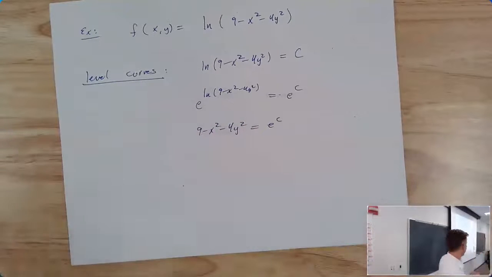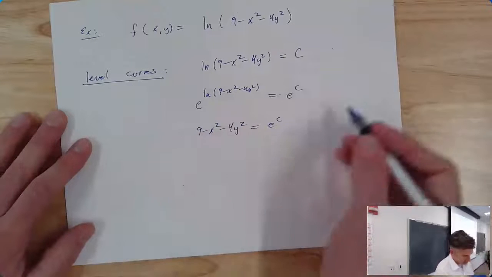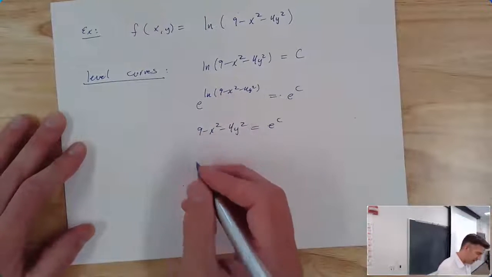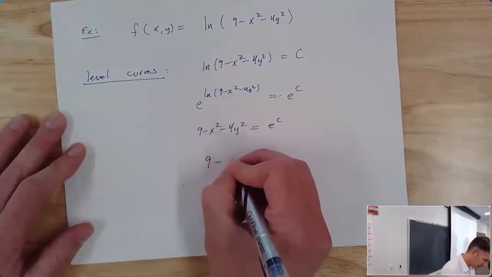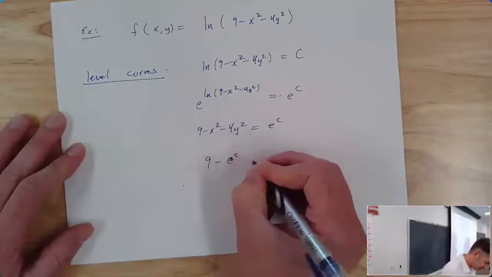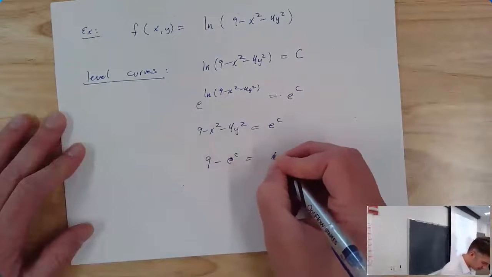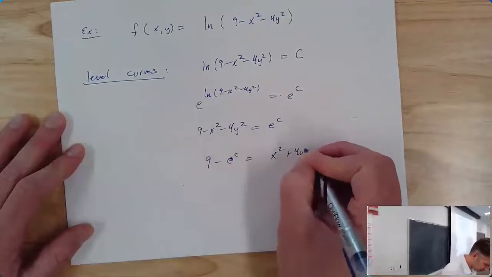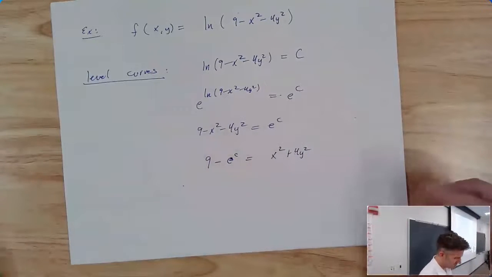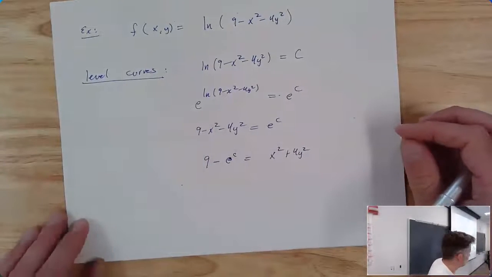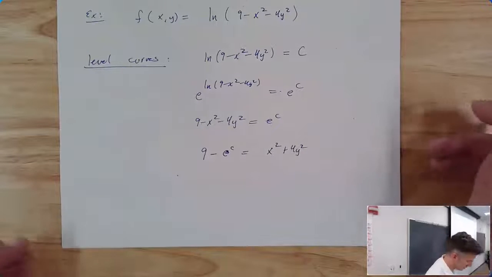And then we're going to try and get x squared plus y squared on the same side. So I'm going to bring x squared and 4y squared to the right, e to the c to the left. So I have 9 minus e to the c equal to positive x squared plus 4y squared. And then typically, that's gross. Yeah, these are not nice numbers, such as life.